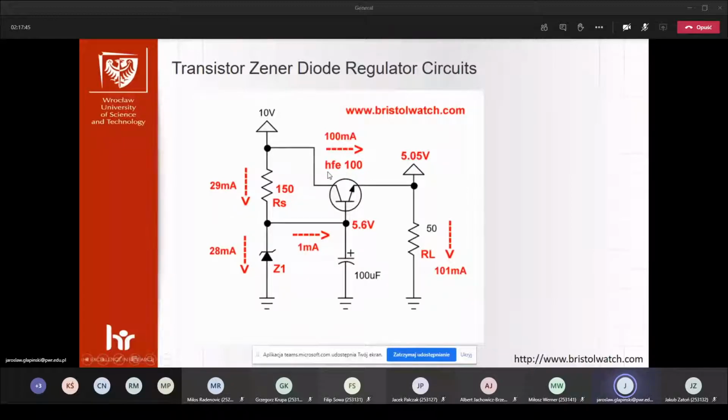This is a simple analog solution that we utilize to stabilize the voltage to the reference voltage. Yes, if we use a 5.6 volt Zener diode, we have a voltage drop here, because it's like a diode, 0.7, so we will have more or less 5 volts as a stabilization voltage with higher current, because it goes through the transistor.